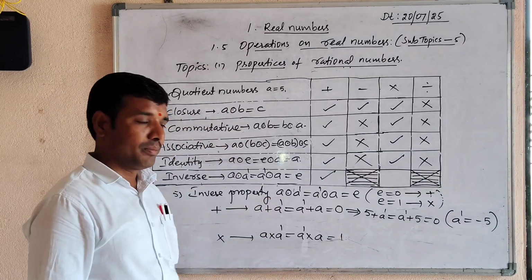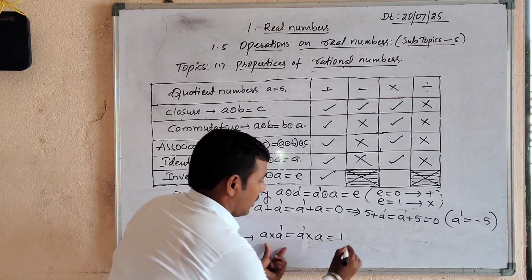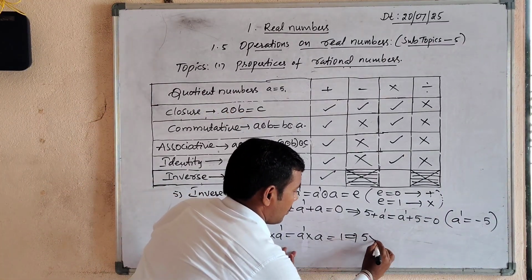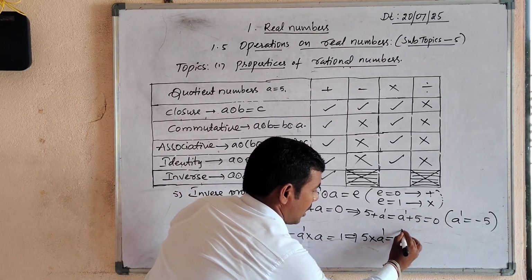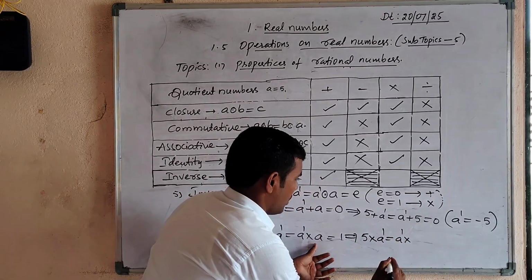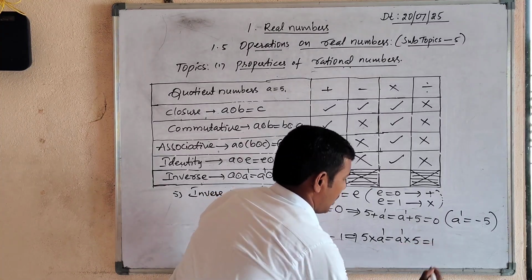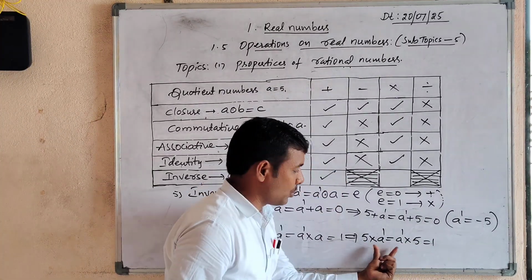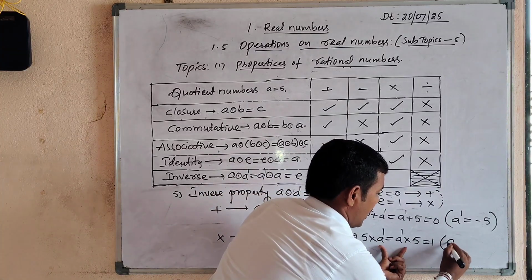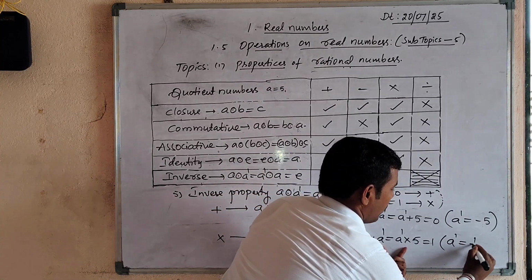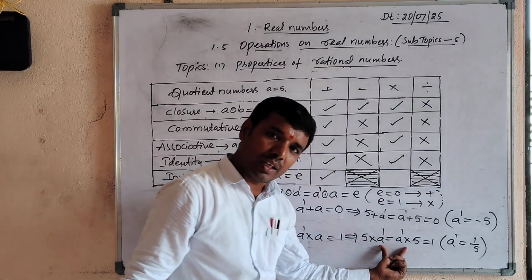Super. Now let us go with this one. 5 into A complement, let it be; we can list that out. A complement into 5 is equal to 1. Now tell me what A complement is to satisfy this equation. I am writing: A complement is equal to 1 by 5. Yes, exactly.